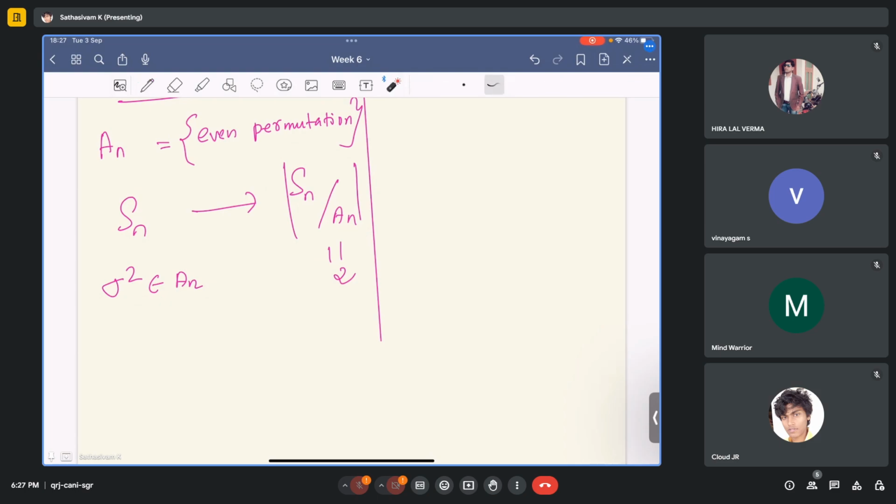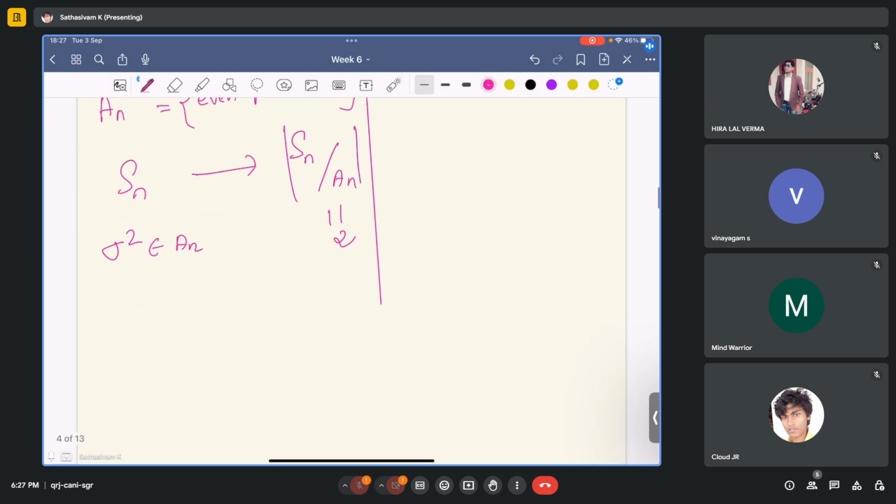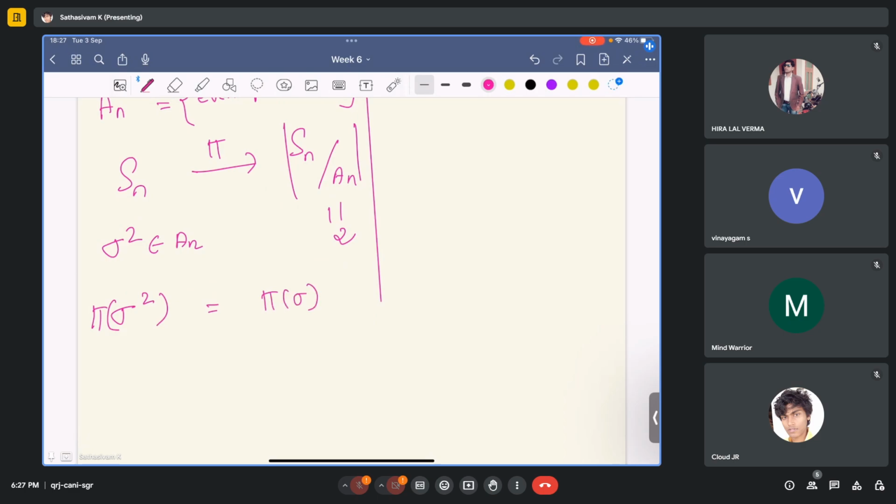So what you do is you take sigma. Let me call this map pi. So pi of, let's say, sigma square I apply. This is pi of sigma, the whole square. But this is equal to 1.